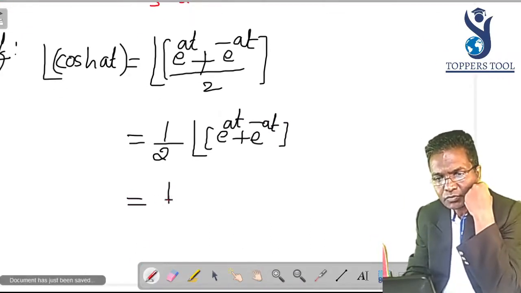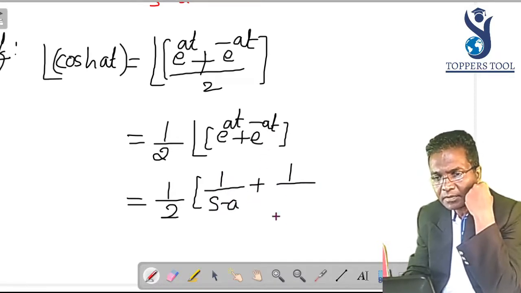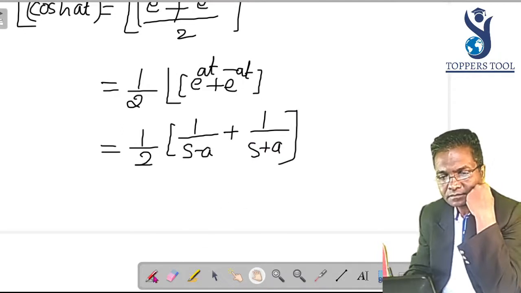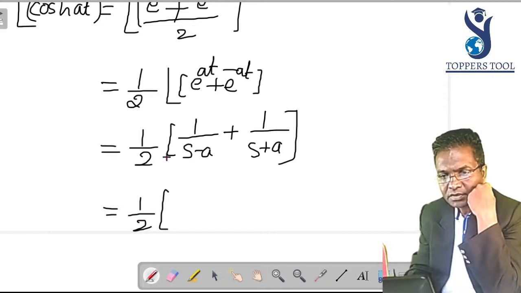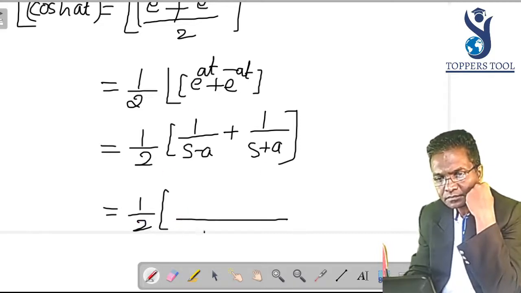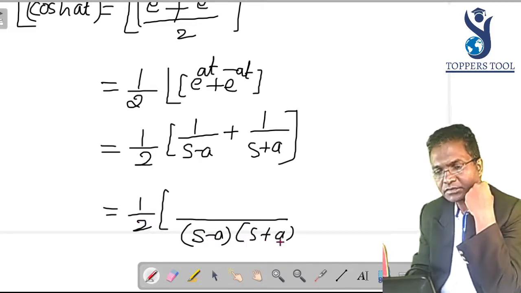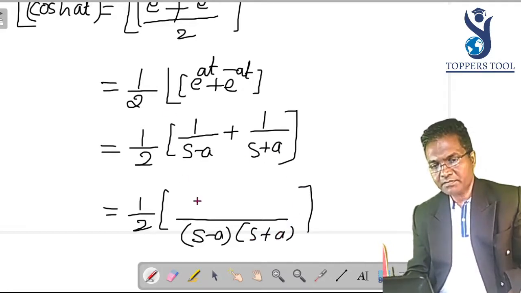Which is equal to 1 by 2 into the Laplace transform of e power at, which is 1 by s minus a. And the Laplace transform of e power minus at is 1 by s plus a. So which is equal to 1 by 2. Take the LCM. You have to multiply this to this. It becomes s plus a.